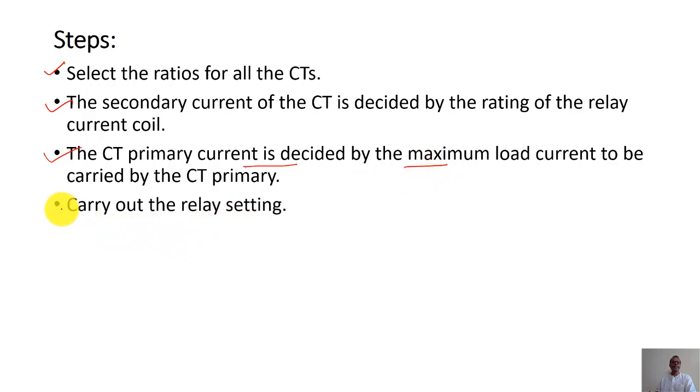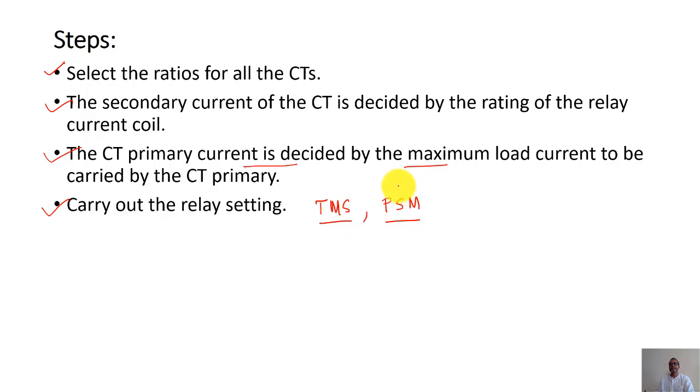Then carry out the relay setting. Relay setting means we have to set the time delay, and that is through the TMS. That means we need to set the TMS and also the PSM, that is the plug setting multiplier.